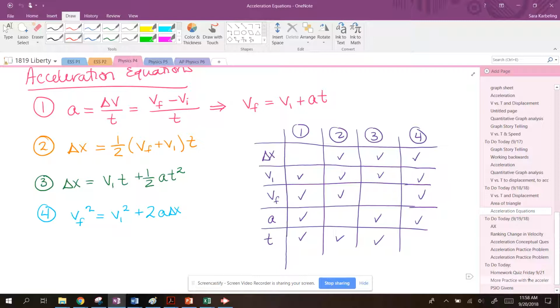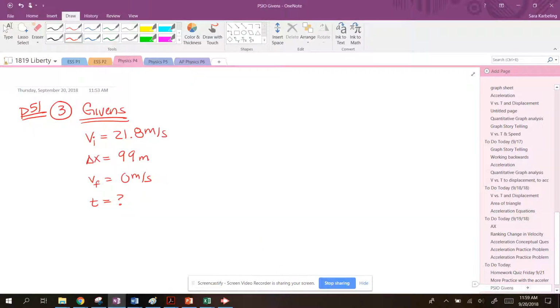Okay, so let's take a look here. That equation is delta x is equal to 1/2 VF plus VI times, and in your book, I think it's also written as delta t. I stole them from your book so that they matched, but you can just write it as t. Delta t just means the change in time.